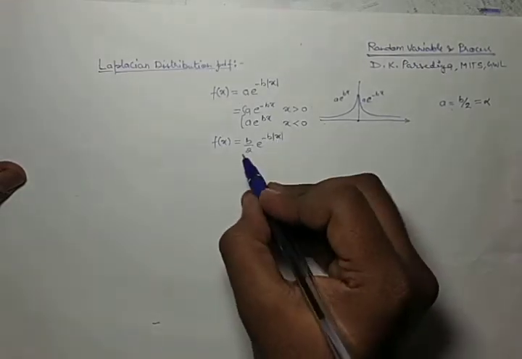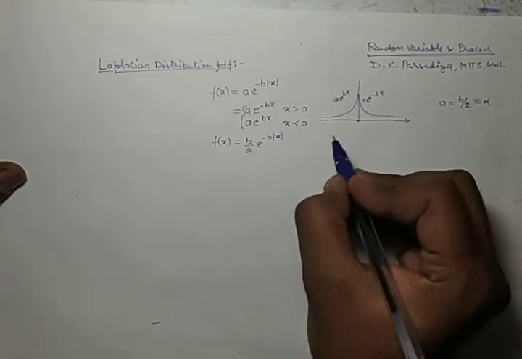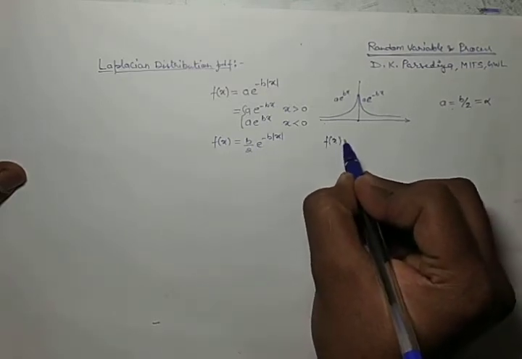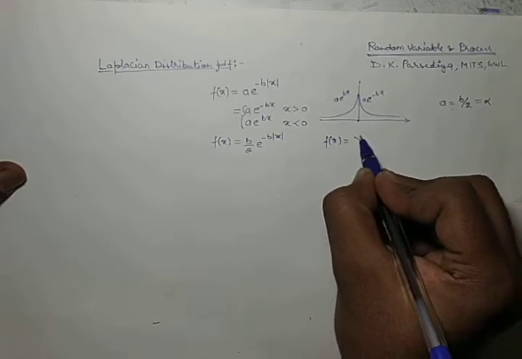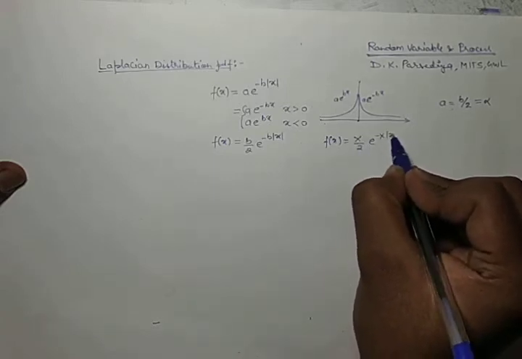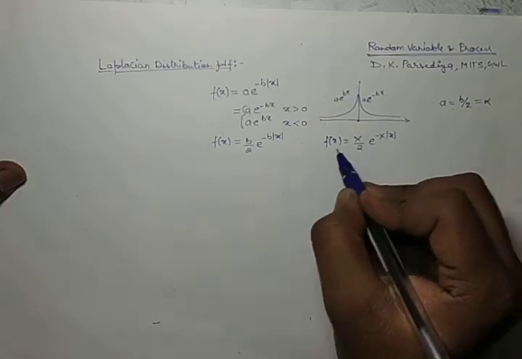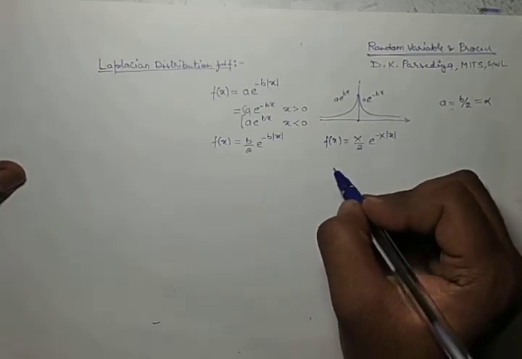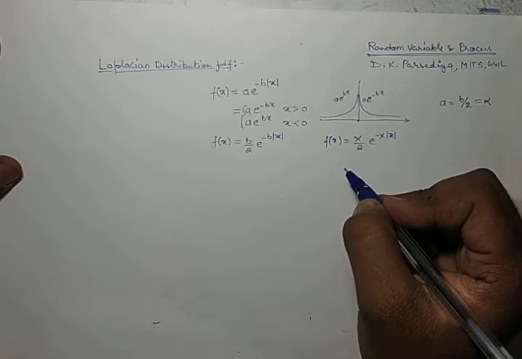In some books this function is represented by f(x) = (X/2) e^(-X x), okay, so that will depend upon the notation for this Laplacian distribution function.